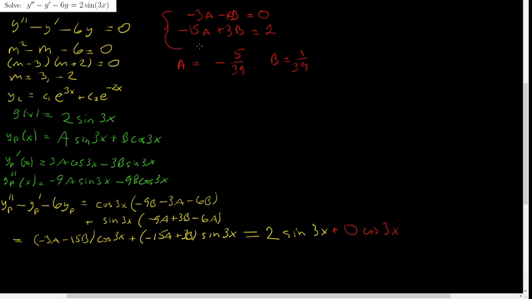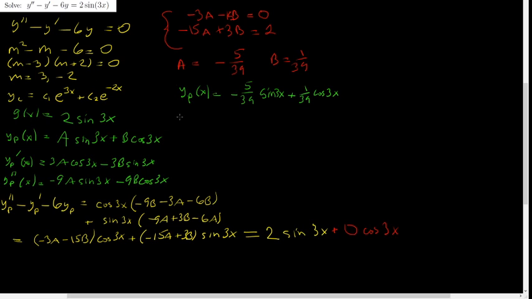If we go back to our particular solution, it turns out to be yp of x equals negative 5 over 39 times sine of 3x, since we did the sine first, plus b, which is 1 over 39 times cosine of 3x. So that's our particular solution. To get the complete general solution, you just add the complementary plus the particular solution.